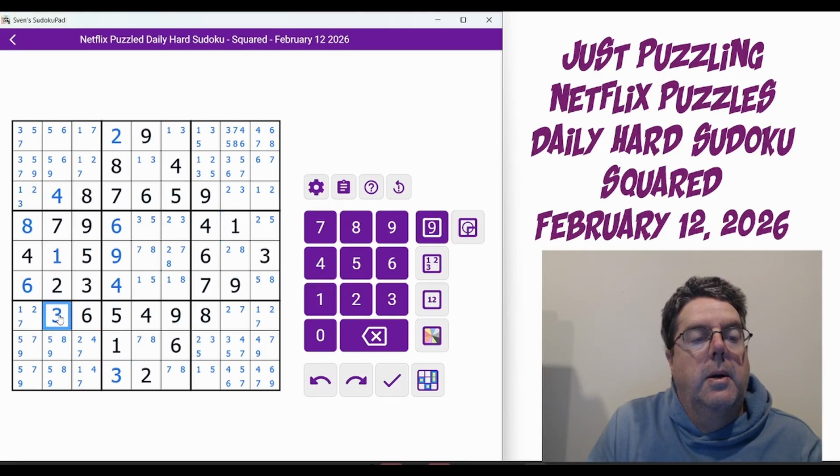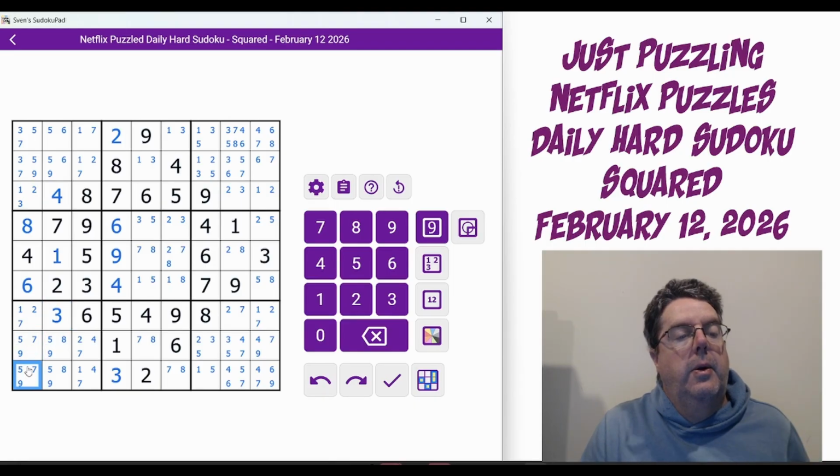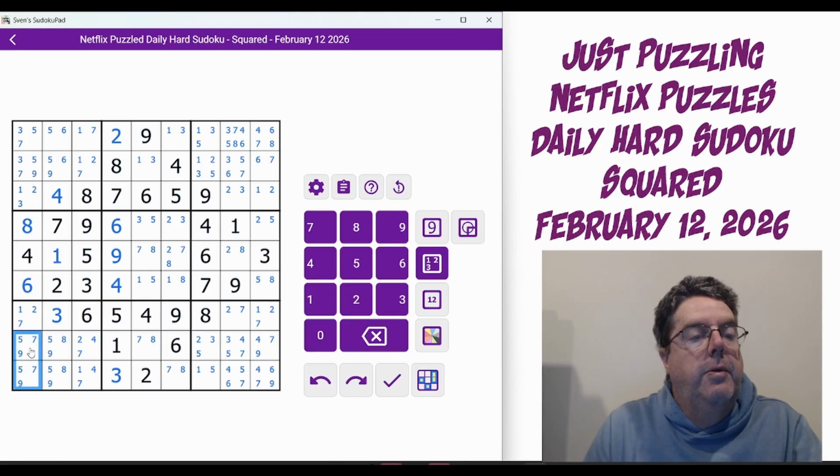3. So 3's up that side, so that's not going to work. 3's there. 1, 3. So 1, 5, 7. So here I've got 579, 579, 3579, 3579.